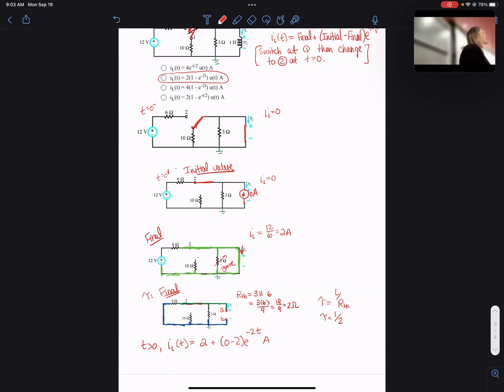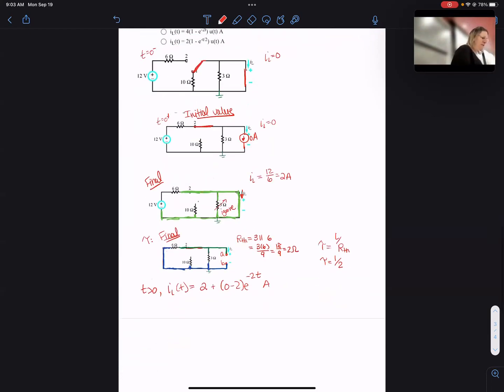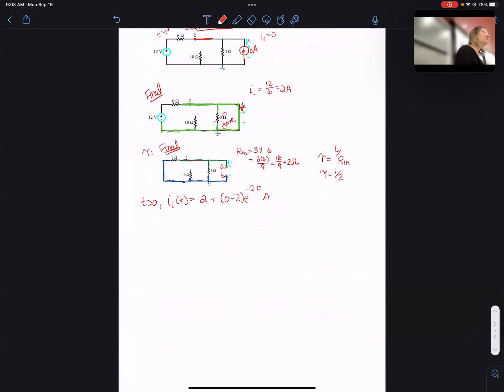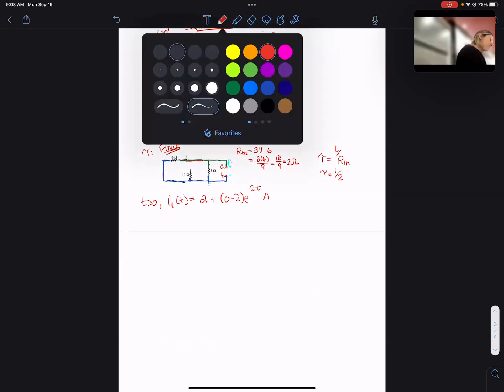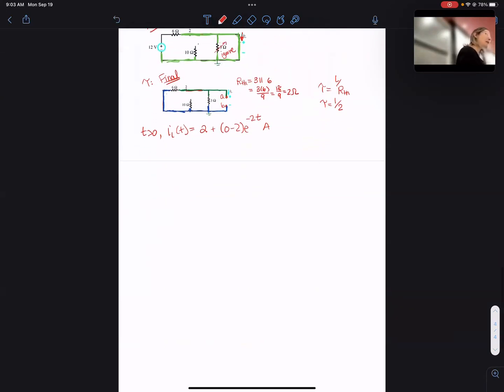All right, questions about RLC circuits?